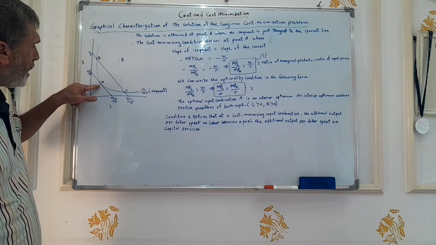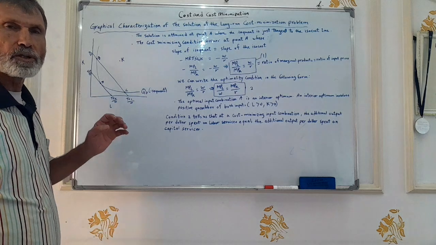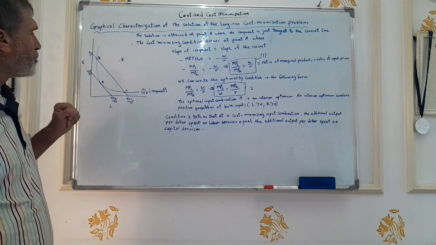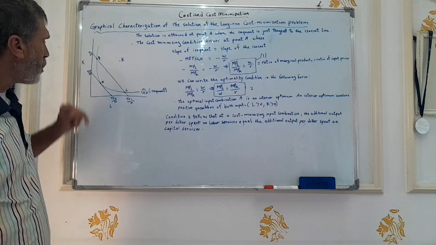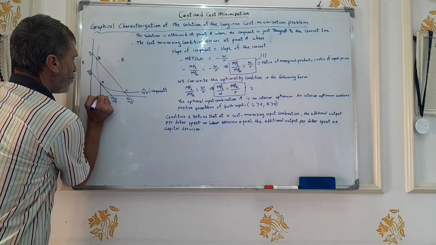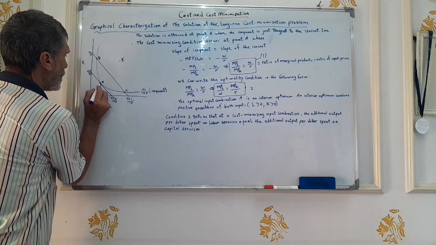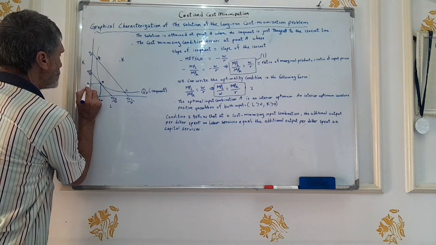So point A is the optimal point of solution for this kind of problem, where the firm uses that amount of labor and that amount of capital.